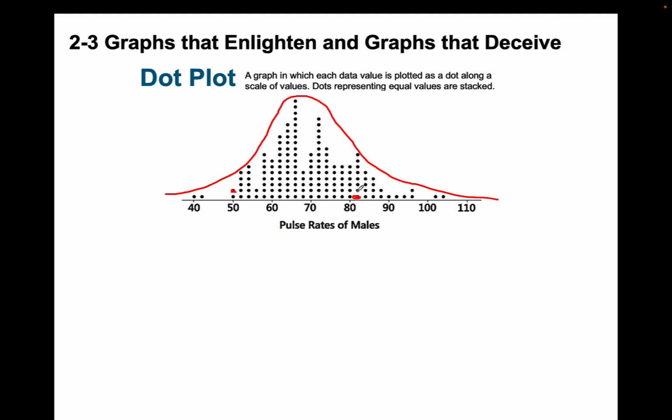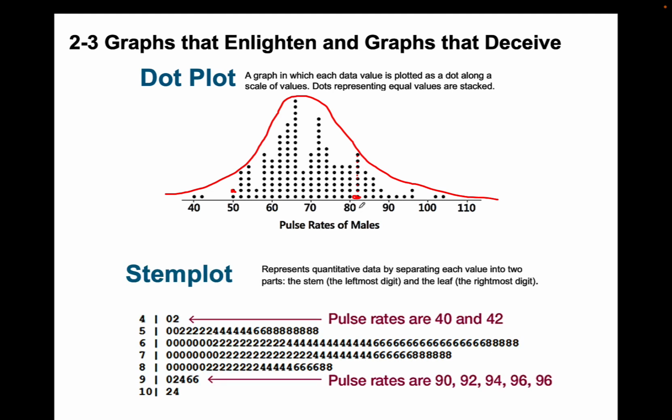We actually had 2, 3, 4, 5, 6, 7, 8 males with pulse rates of 82. Okay. The stem plot is very similar to the dot plot. In fact, if you could just take it and turn it 90 degrees upward, you would be able to see the shape of it. So this one also has a bell-shaped curve somewhat.